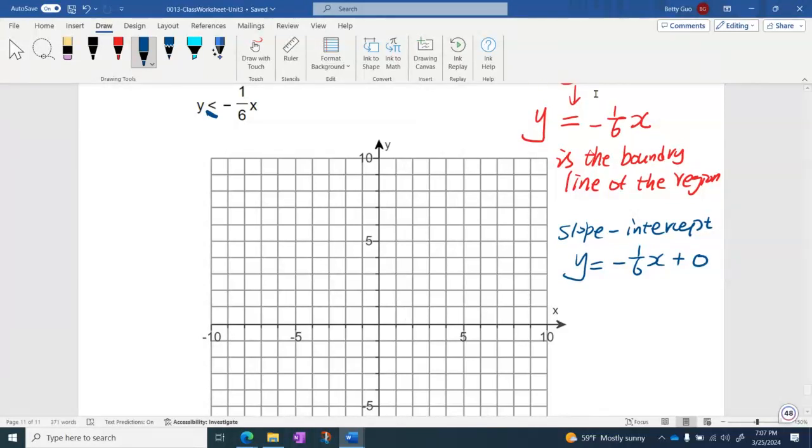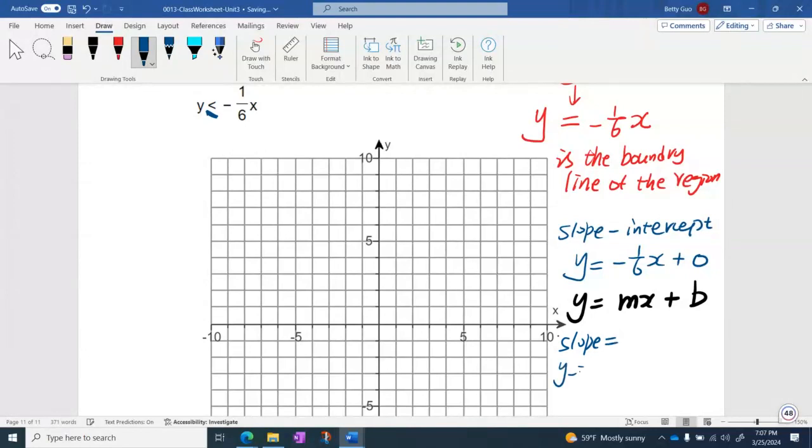Firstly, do you agree the equation can be written as y equals -1/6x plus 0? And then compare that with the slope-intercept form and tell me what is the slope and what is the y-intercept.